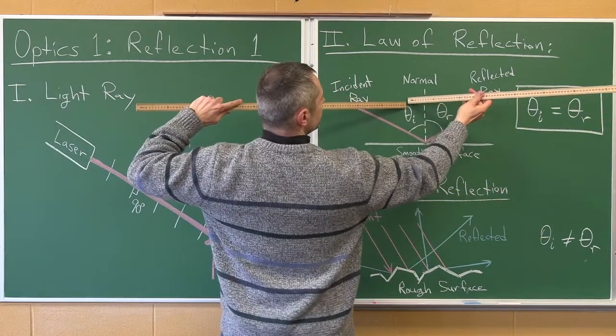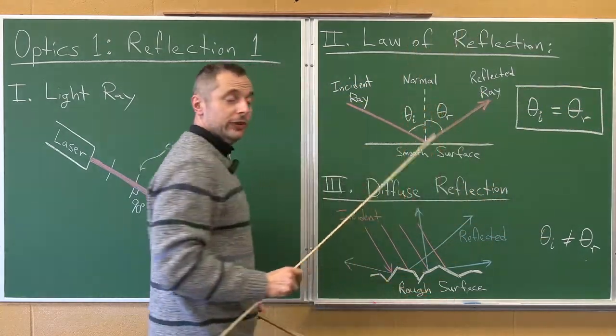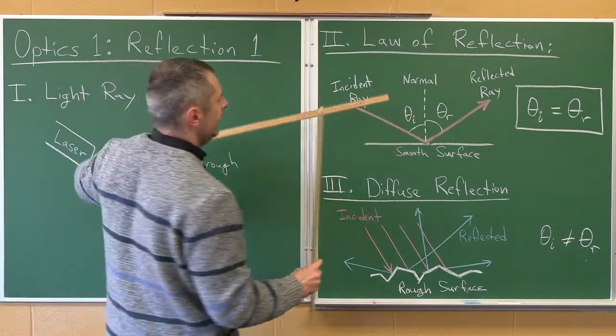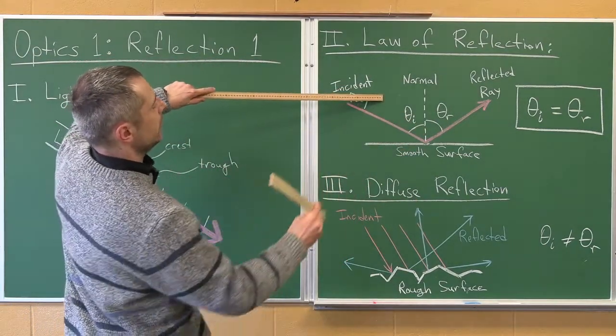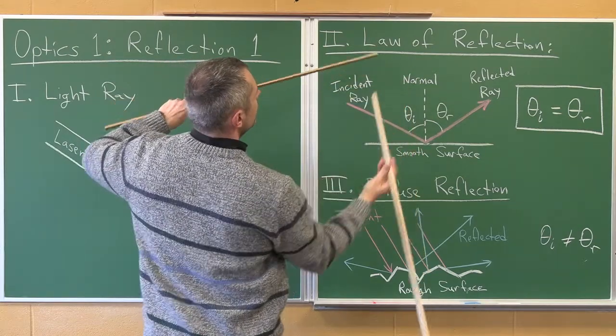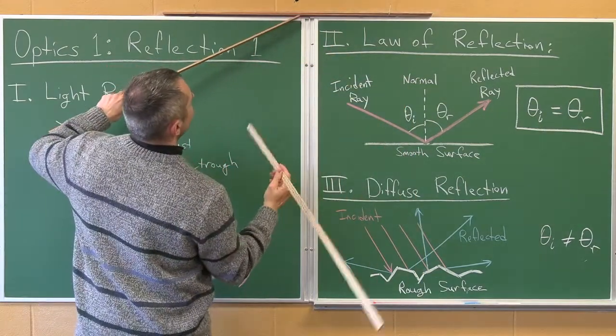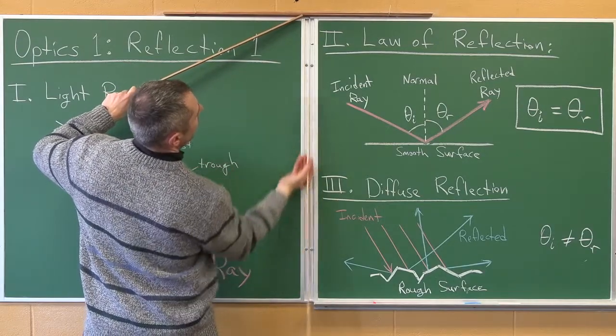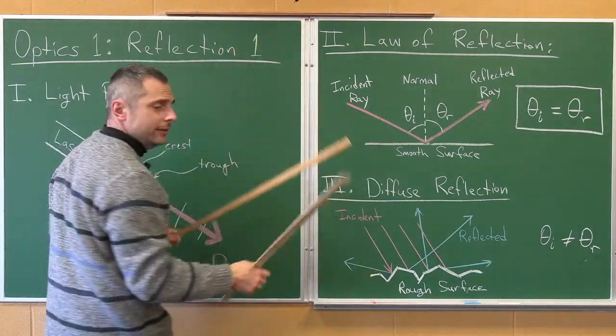And none of the light should go to the camera if this law of reflection really held. But what instead happens is the light comes in like this, and then it bounces out toward the camera like this. And if this were the surface, the light's coming in like this, and then it's going to the camera like this. These angles are not the same.